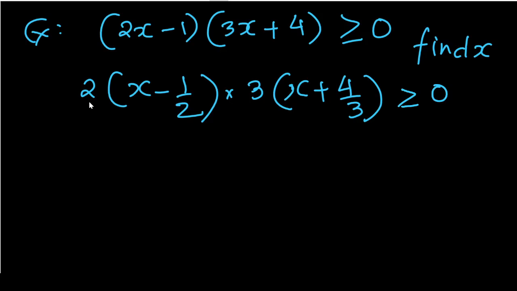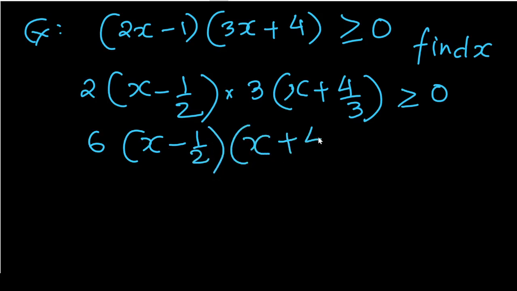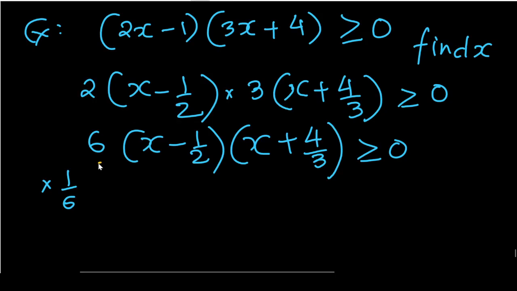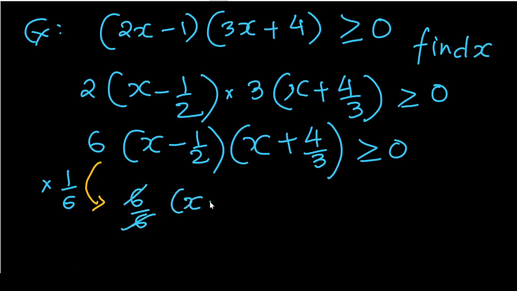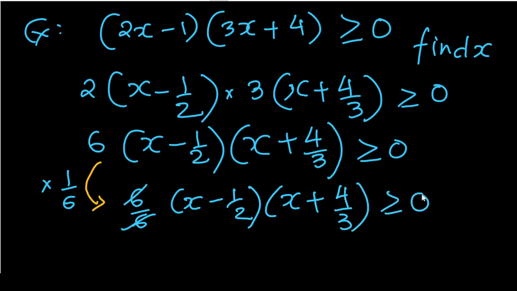Now 2 into 3 becomes 6, so 6 times x minus half, x plus 4 by 3 is greater than or equal to 0. Now multiply by 1 by 6 on both sides. 6 by 6 cancels out, and now it is again of the same form as the given formula, x minus alpha, x minus beta greater than or equal to 0.